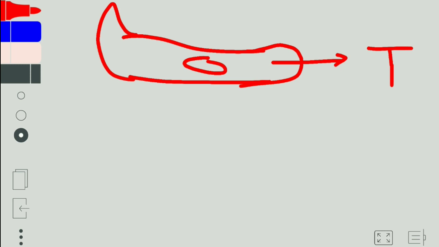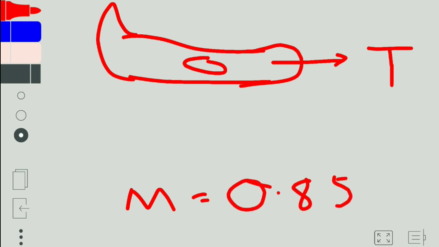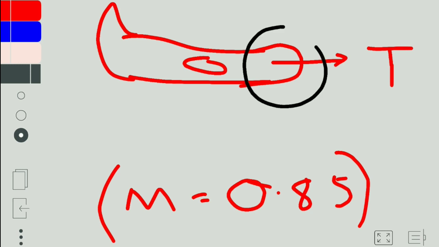We know that an aircraft goes at a minimum speed of about Mach 0.85, roughly an estimate, and can't go beyond that. That is the speed of an aircraft. So how does the wave get generated now? The wave gets generated like this.